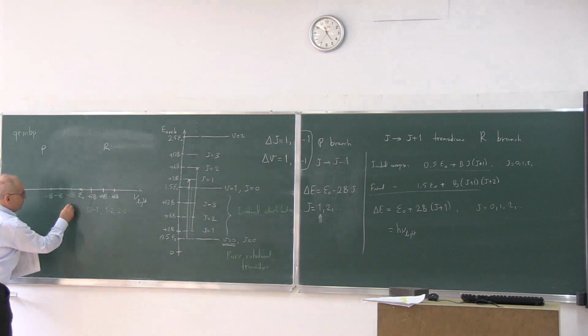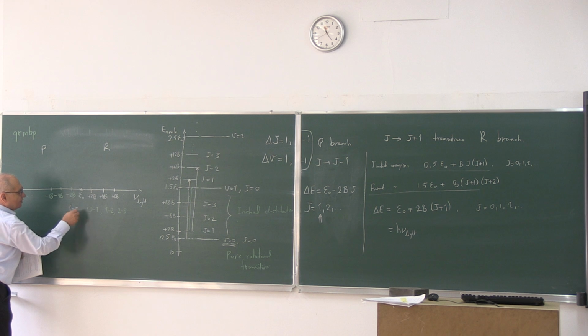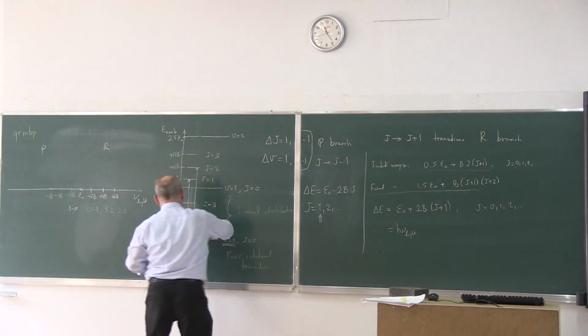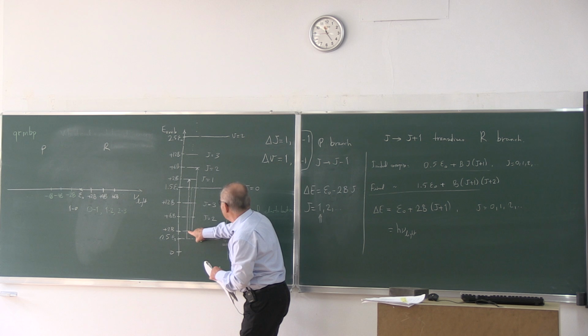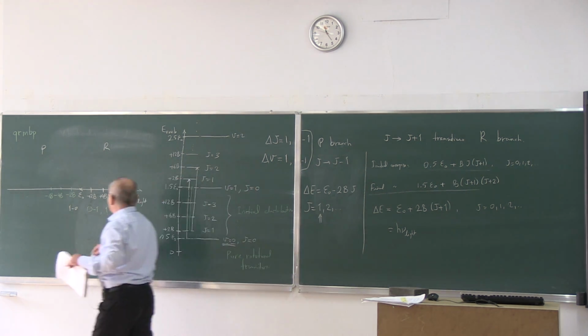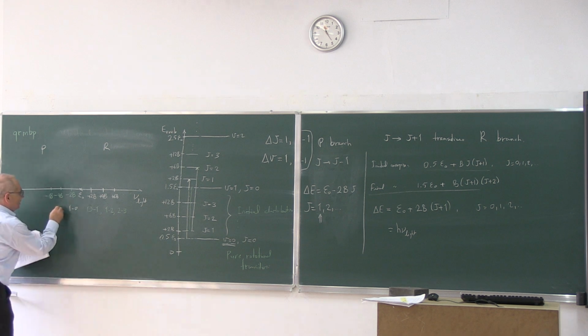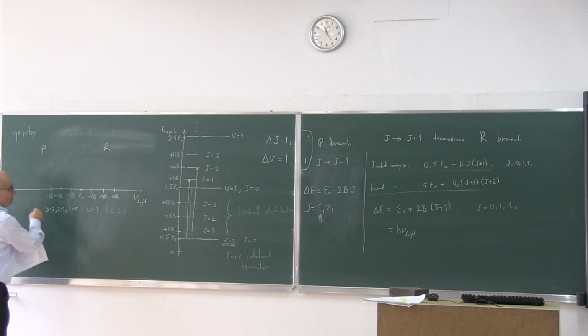So this is 1 to 0, initial, final J. It is this, J 1 to 0. All right? This one, 2 to 1. This one, 3 to 2. All right.